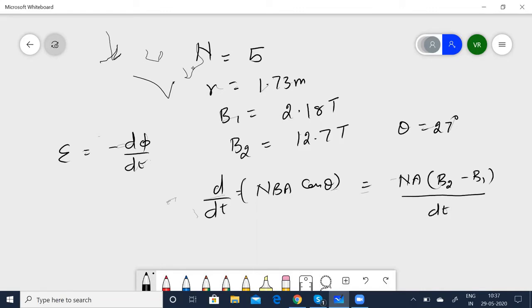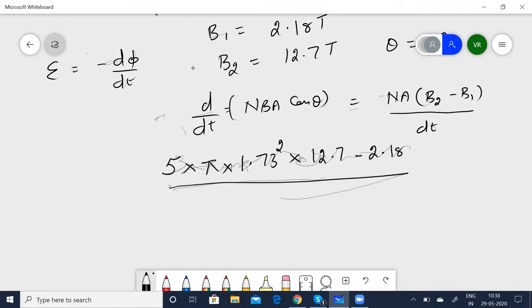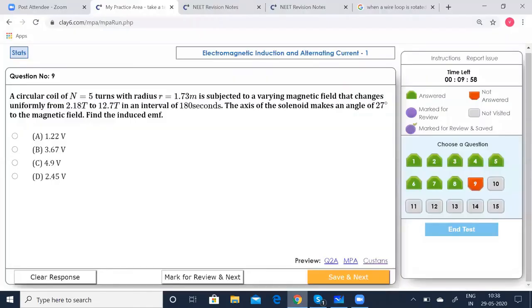That is already given. Now calculate quickly. Substitute all the values. N is 5. A is pi r squared, pi into 1.73 squared, into B2 minus B1, which is 12.7 minus 2.18, divided by 180. That gives you 2.45 ohms. Let's see which option is correct. 2.45 ohms. Yes, that is correct. Save that. Go to the next.